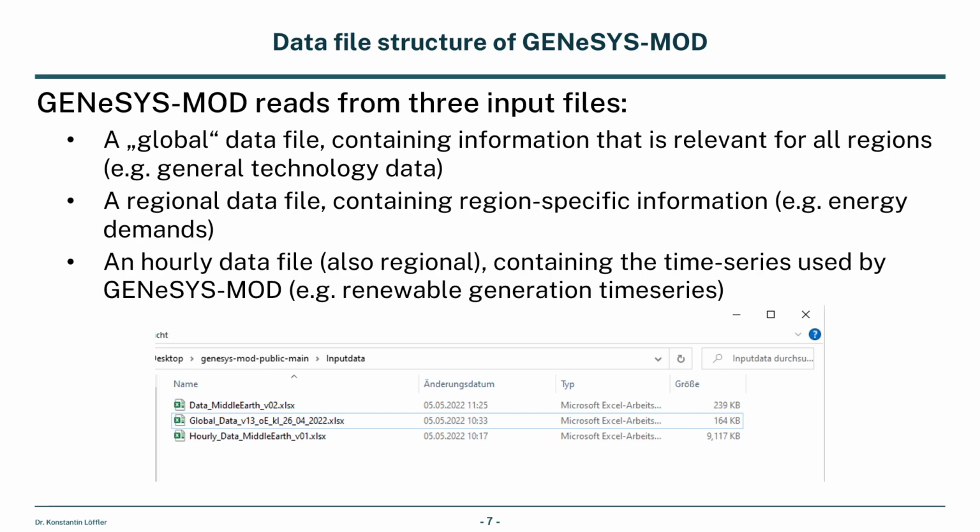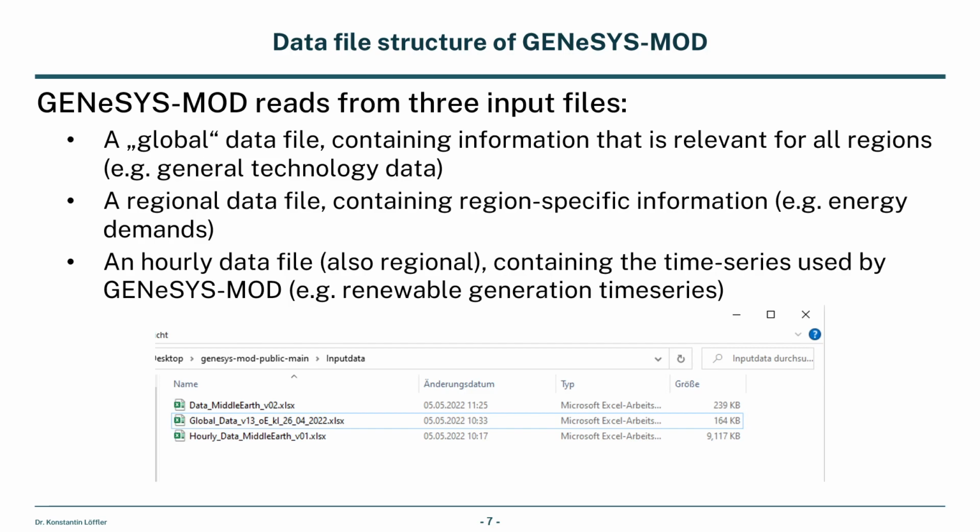So, for example, energy demands for the region that we're looking at, but also other things like emission constraints. You can define different emission limits. You can either have annual emission limits, either for the entire region or for the sub-regions and so on.